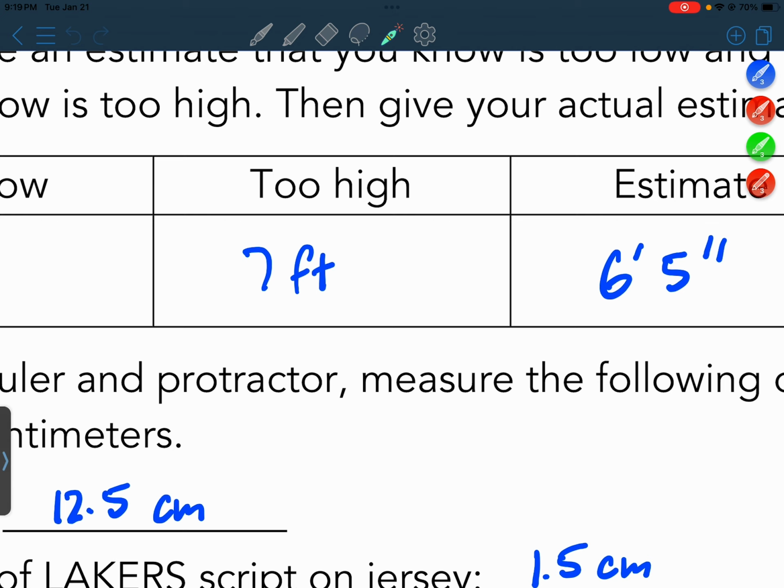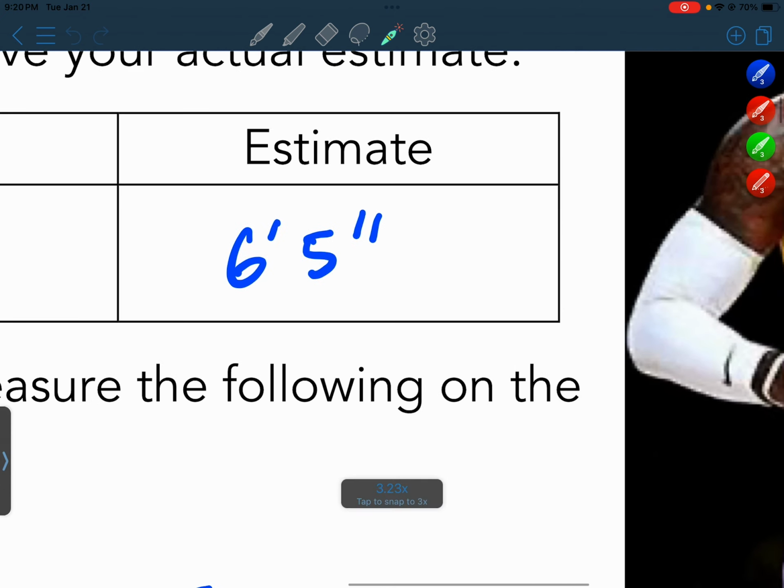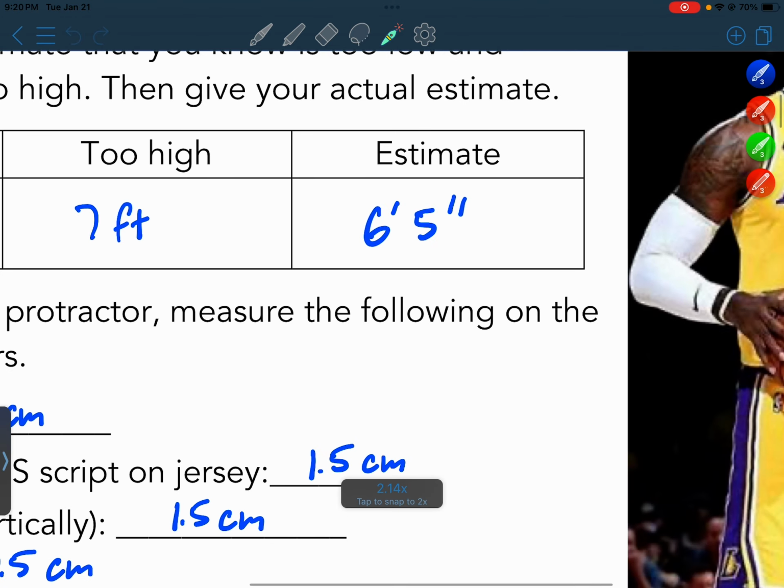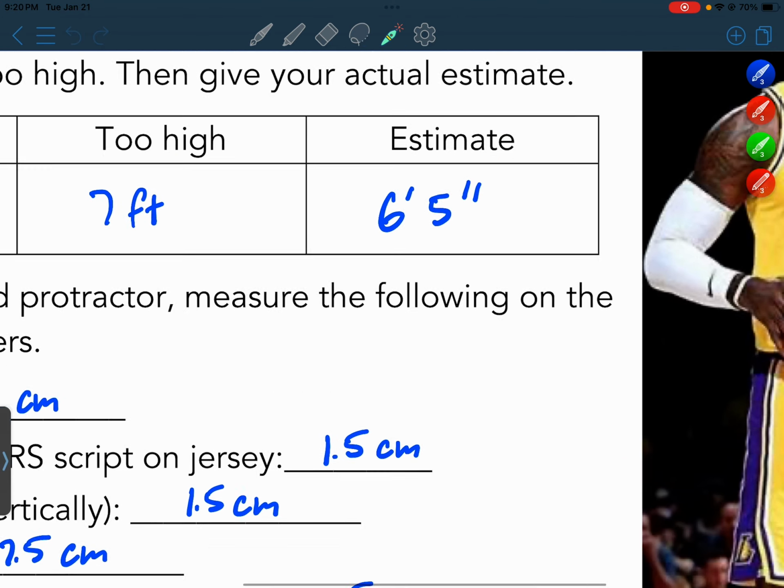Your Shaquille O'Neals, your Victor Wembanyama's, those are 7-foot people, right? They're like the tallest human beings, not just basketball players. So a reasonable guess for LeBron's height might be 6 feet and 5 inches. Now your guess might be a little different. It's okay, you don't have to change your answer, but this is a reasonable guess.